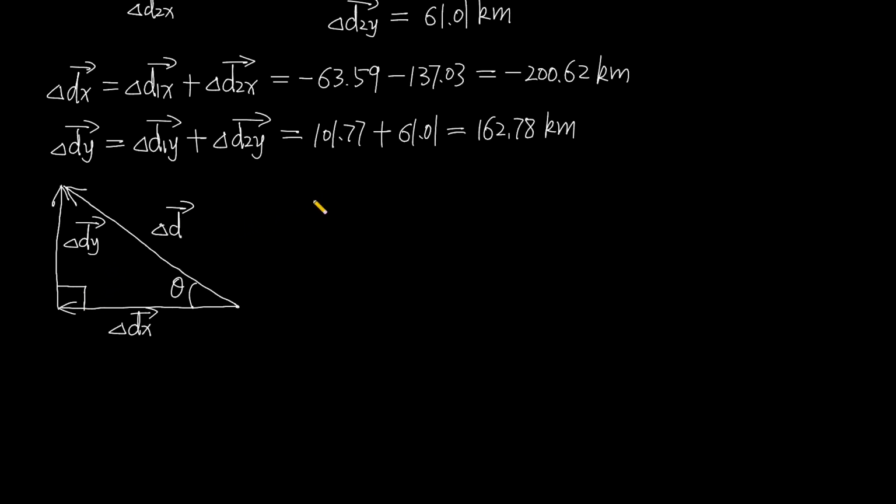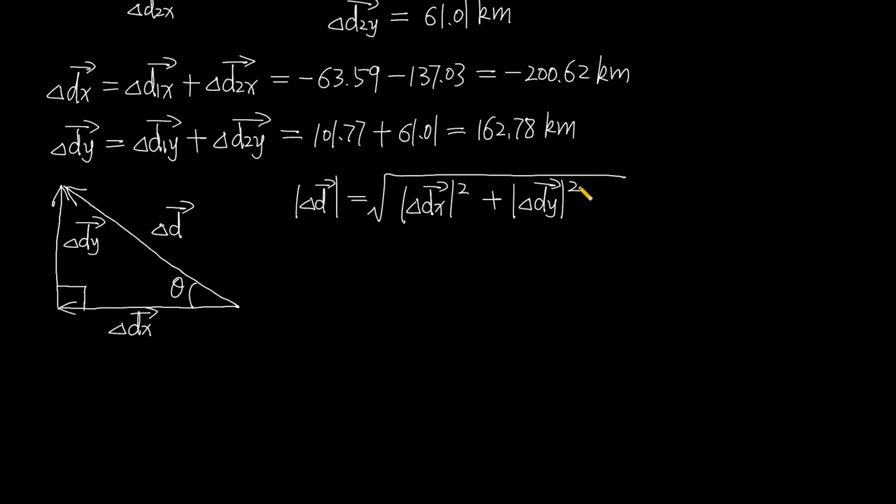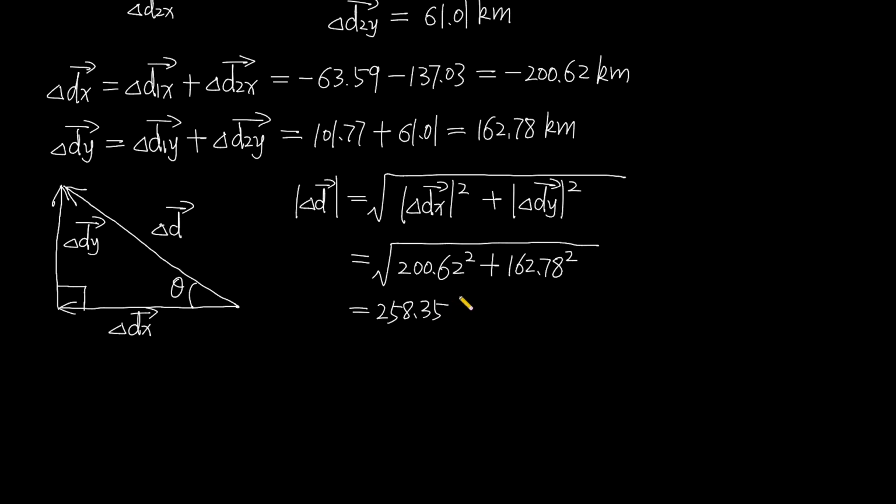So from the graph, we can know that the magnitude of delta d just equals square root, the magnitude of delta dx square plus the magnitude of delta dy square, and this equals square root 200.62 square plus 162.78 square, and this equals 258.35 kilometers.